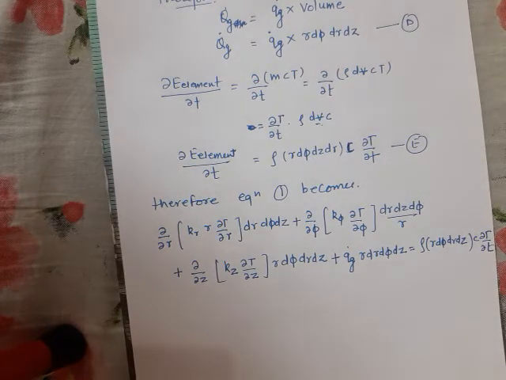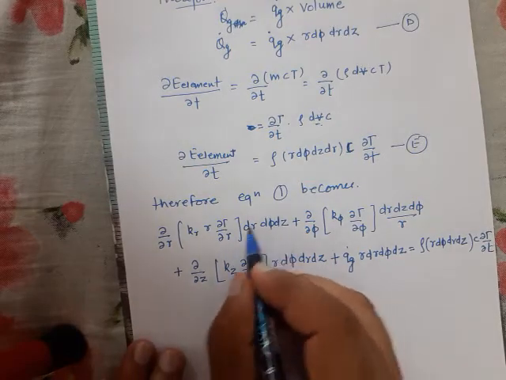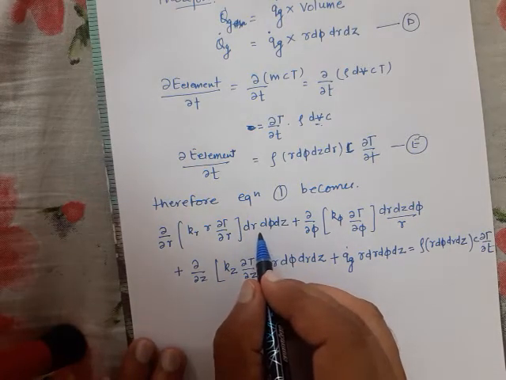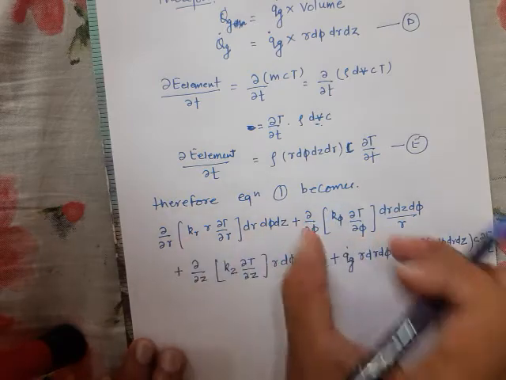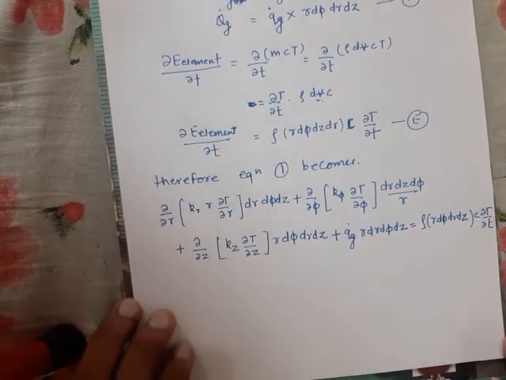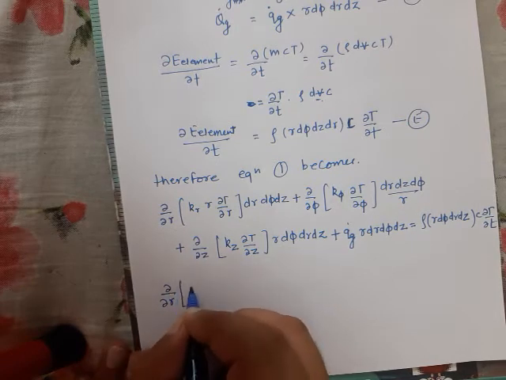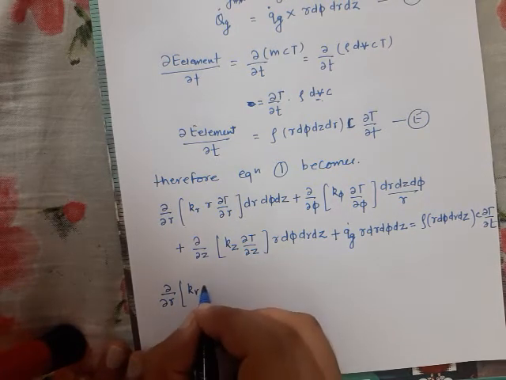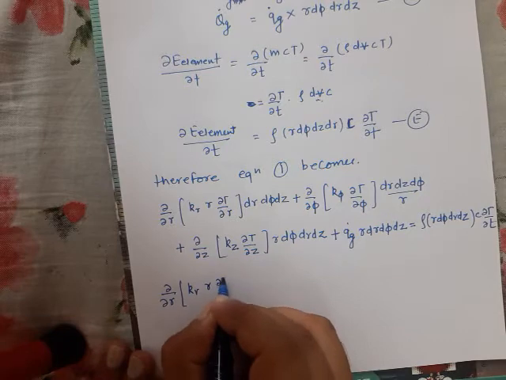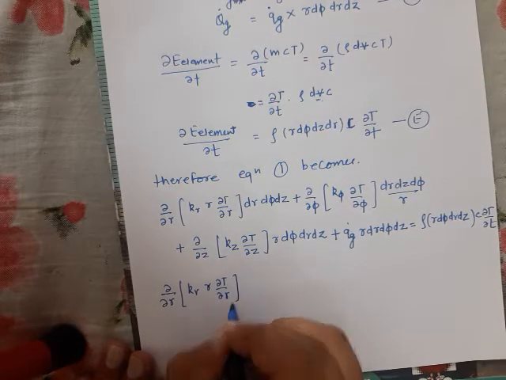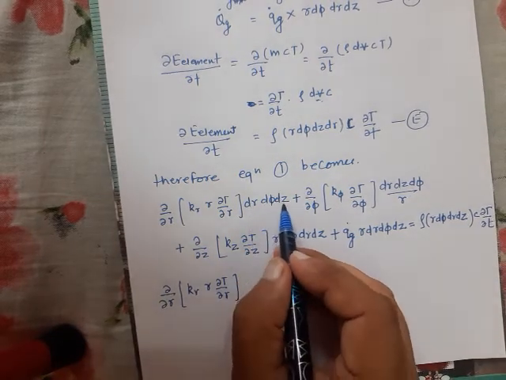So I will again do the same thing. I have to write the expressions for the volume. I will take out the volume term from each term. So please note, I will write this as del upon del R, KR is already inside, R is already inside, del T upon del R. Now this term is dr, d phi, dz.